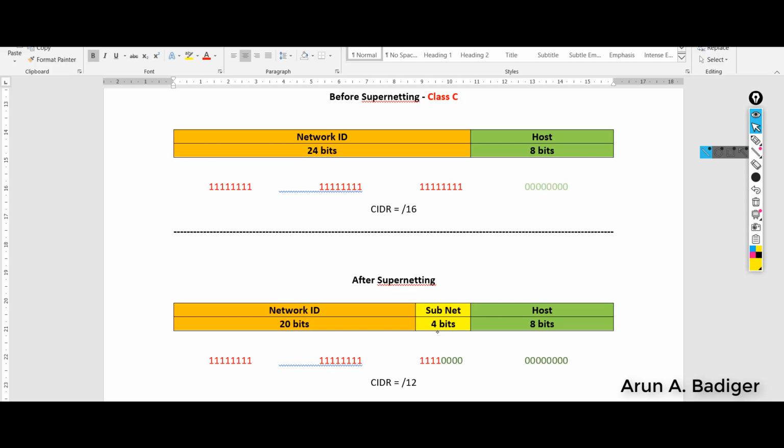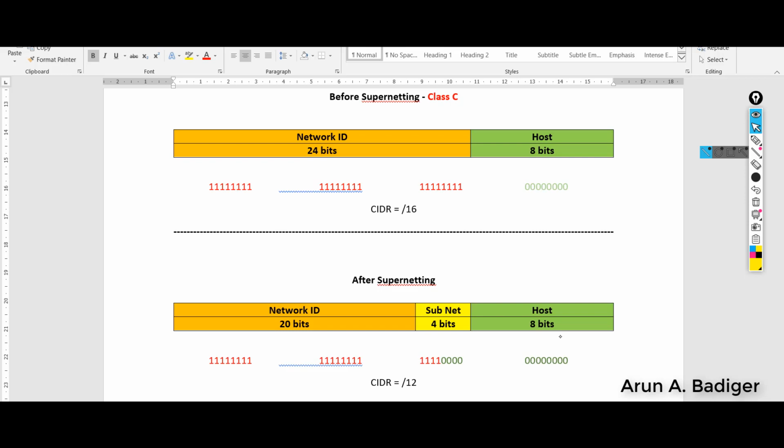If I had taken 2 bits, then 2 to the power of 2 will give you 4, so 4 into 256, we can have around 1000 hosts within the same network. I can combine 4 different class C networks and make one supernet that will consist of around 1024 hosts. So by this we can increase the number of hosts.